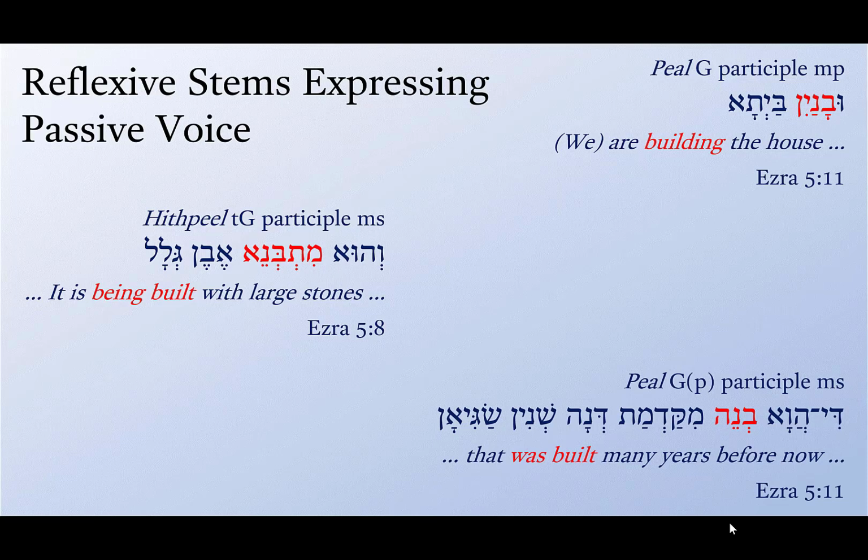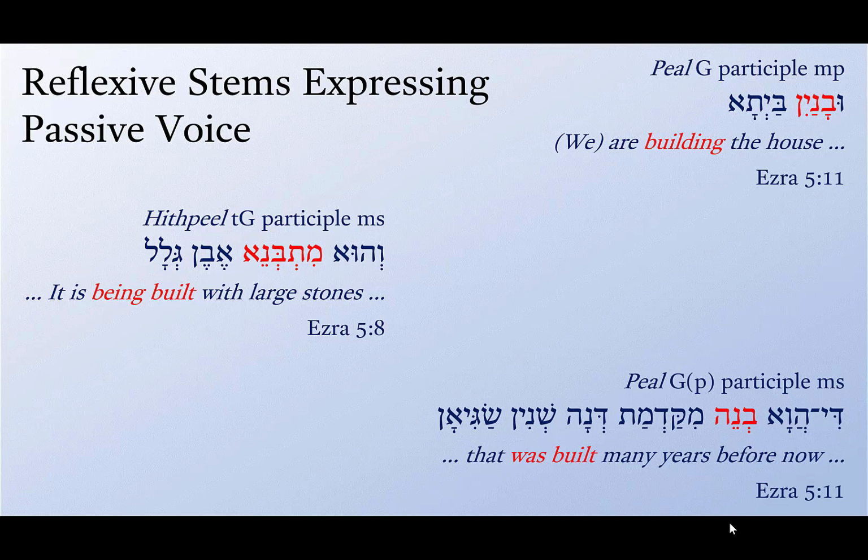Now, it's definitely a hitpa'el, TG, because we see the mit prefix, and the nun, the middle consonant of the verbal root, is not doubled, which would make it a TD, right? So this is definitely the hitpa'el, TG, participle masculine singular, the reflexive voice stem for G. However, reflexive voice doesn't make sense here. Passive voice does.